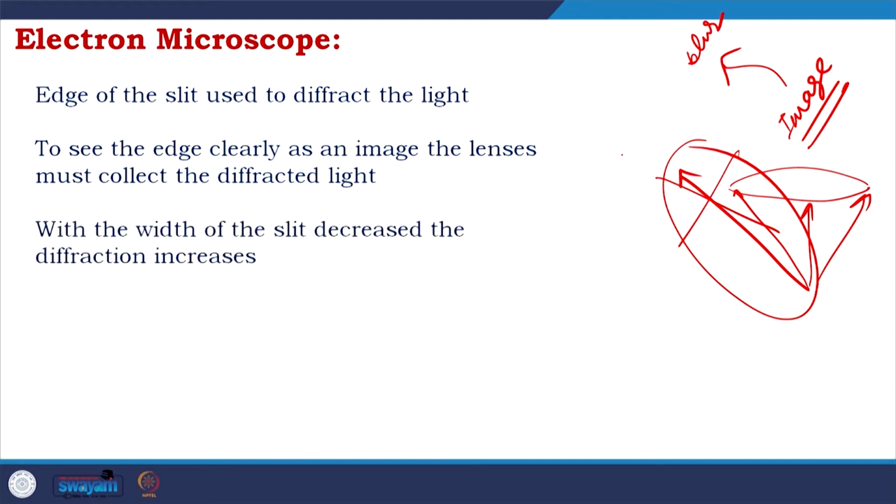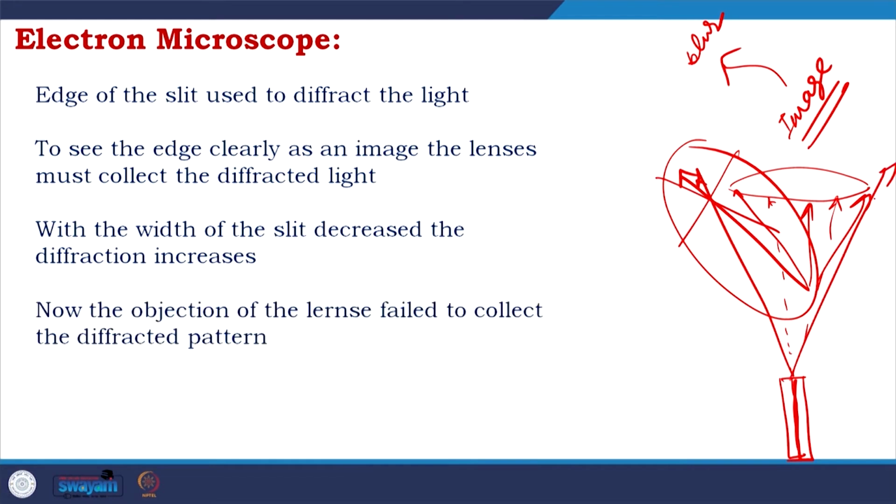As the width of the slit decreases, the diffraction increases. If the slit is big, the light comes here; if it is small, it goes here.